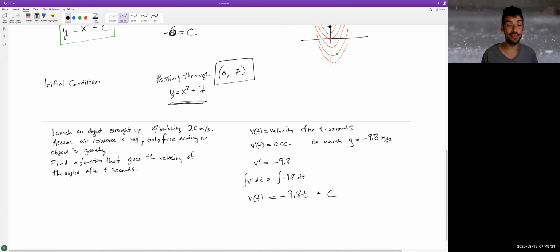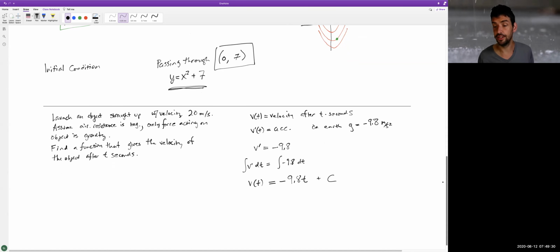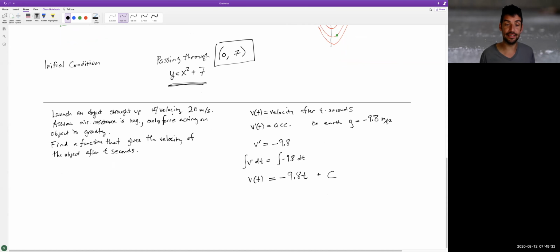Now we're going to use the initial condition, the velocity with which we fired it. We shot this thing with a velocity of 20 meters per second. So let's reframe this: launch with velocity 20 meters per second is another way of saying v of 0 equals 20.